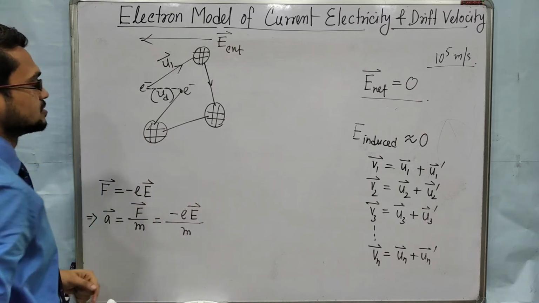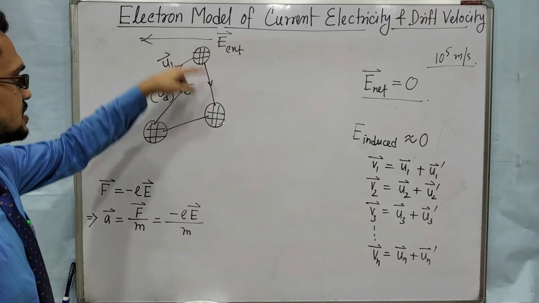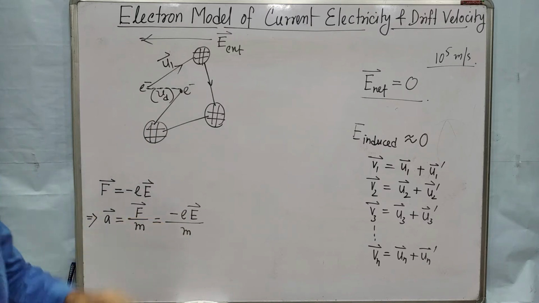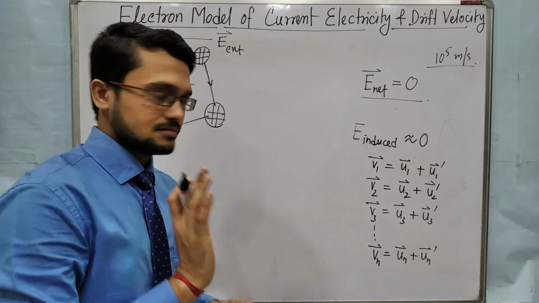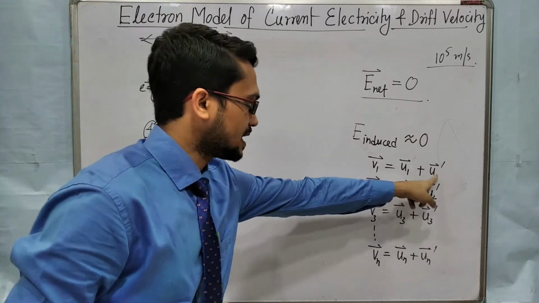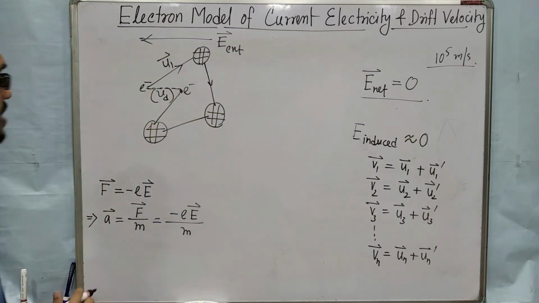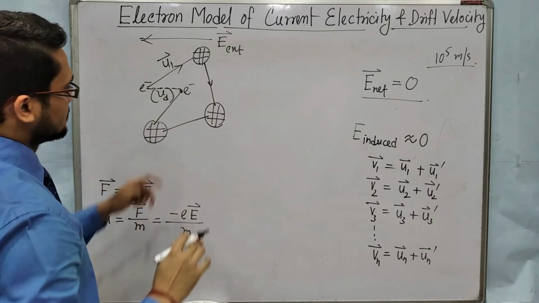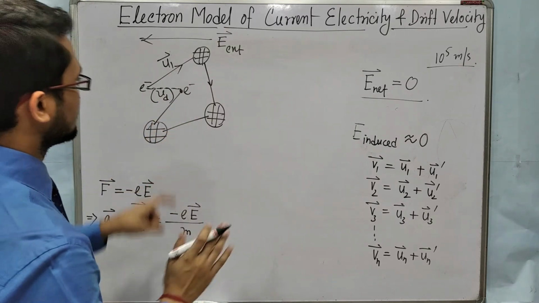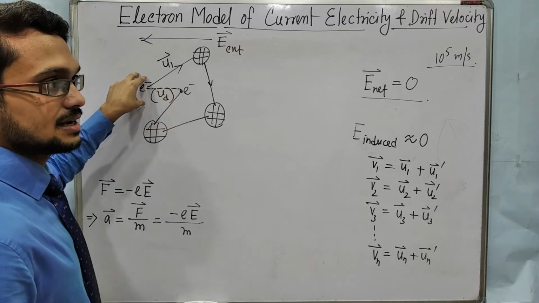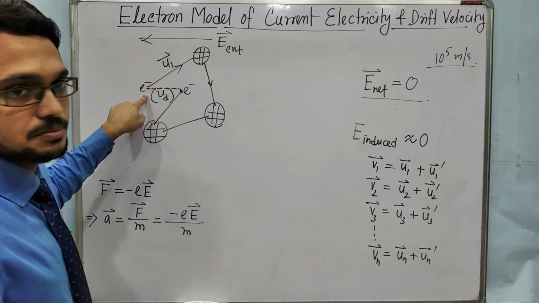Through its journey, through its collisions, it moves with the resultant of thermal and prime velocity. The thermal velocity will be zero because at the end it comes to the initial position.